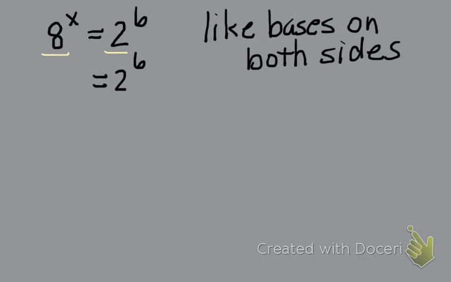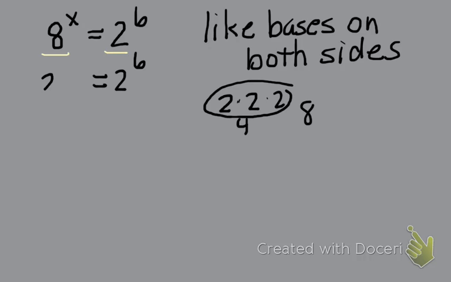So I start thinking over here, well, what is equal to 8 if I multiply by 2's? Well, 2 times 2 is 4. And then if I multiply it by, again, a factor of 2, I come up with 8. And so this is what I want right here. I'm going to take 2 and multiply it 3 times, and that's going to be equal to 8.